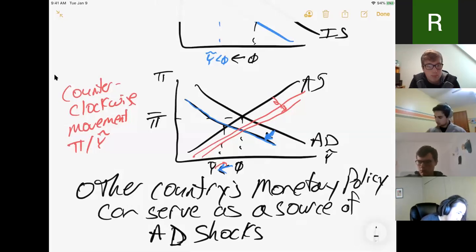And that's the trap that many small countries find themselves in: other countries are essentially creating aggregate demand shocks for them by changing monetary policy.